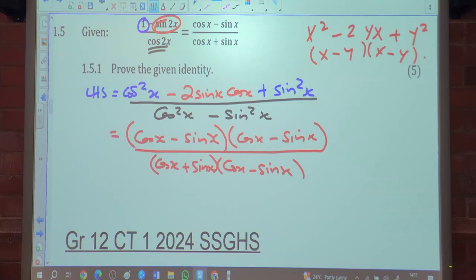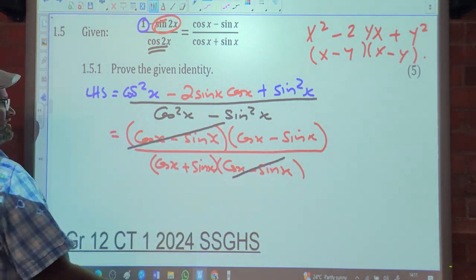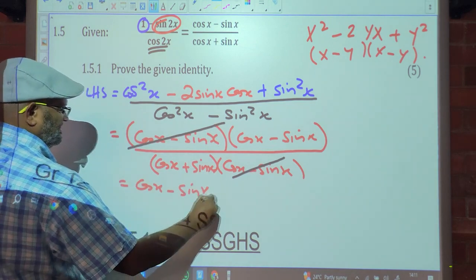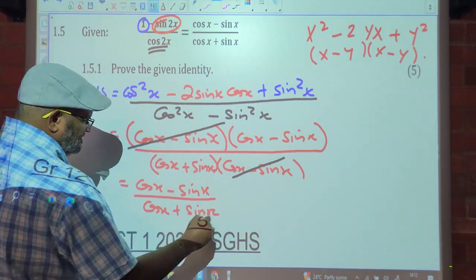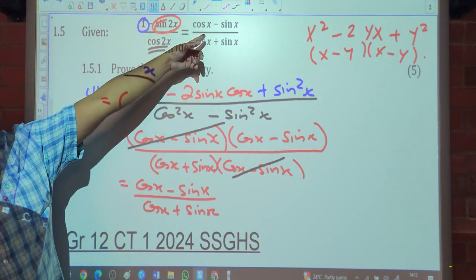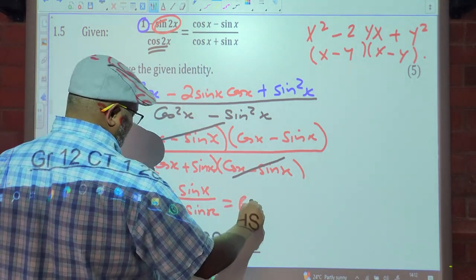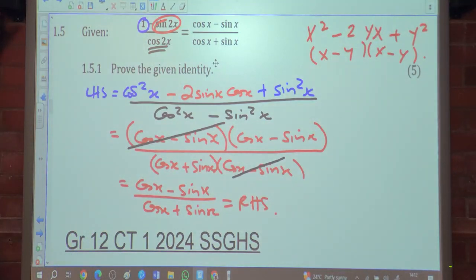It cancels. Cos x minus sine x cancels cos x minus sine x, which gives you cos x minus sine x over cos x plus sine x. So hang on. The same as the right hand side. Exactly the same as the right hand side. Okay?